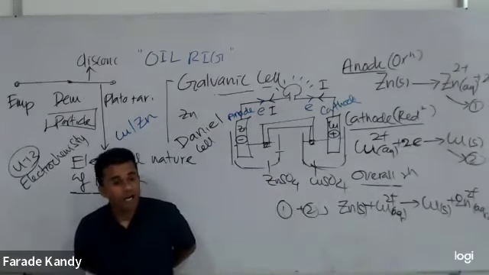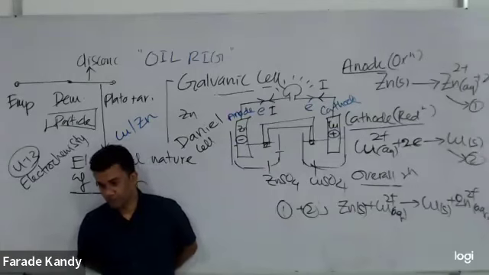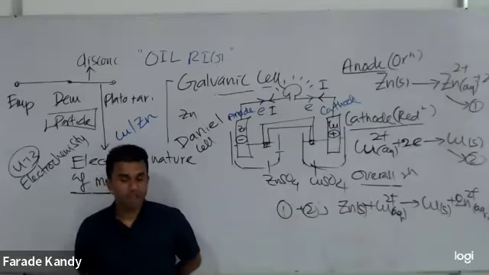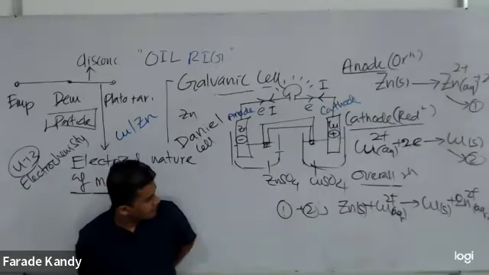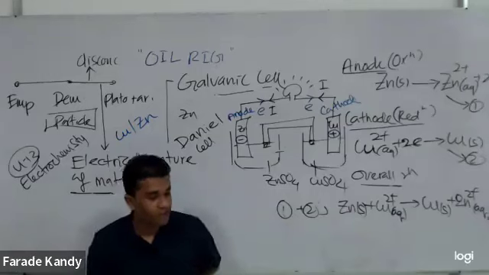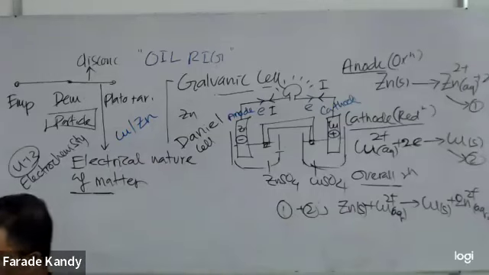Yes, cathode is... I purposely did that mistake. Sometimes I do this type of thing to check whether you are listening to me well and thinking about this. What is the mistake I did? I said cathode is negative. It should be positive.